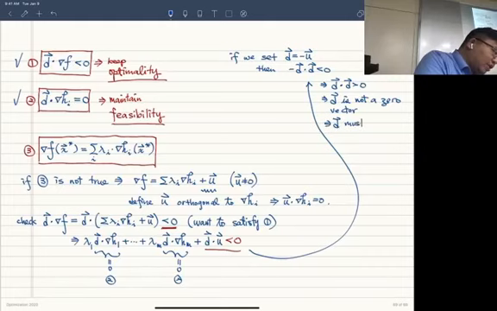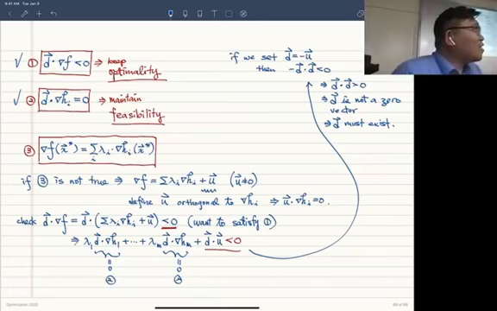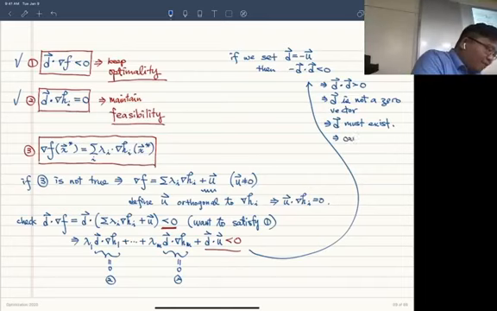If d exists, that means you can find a better solution than x star.